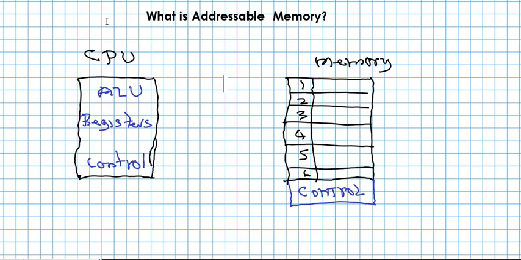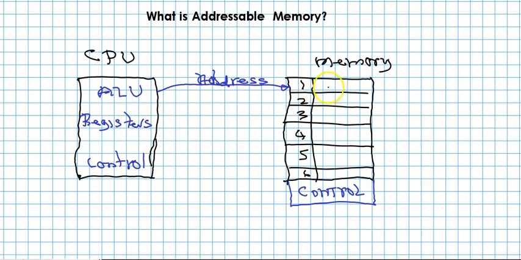So let's look at our CPU. The CPU is going to send an address to the first address location, which is 1. And of course that will be on the address bus. So it sends the location it requires on the address bus, and this is the location that we need, which is 1.